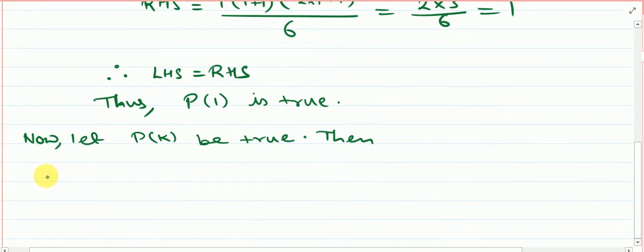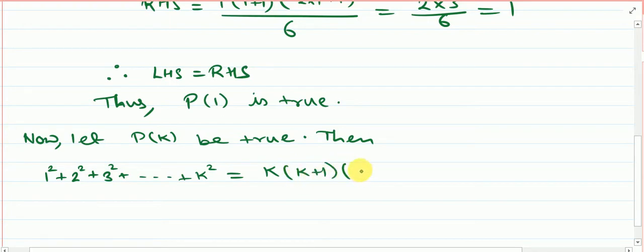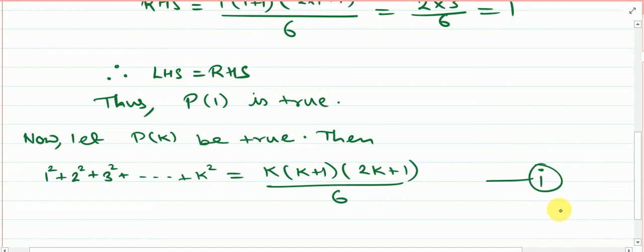So you'll get 1 square plus 2 square plus 3 square plus dash dash dash plus k square is equal to k plus 1, 2k plus 1 upon 6. Give this as equation 1.